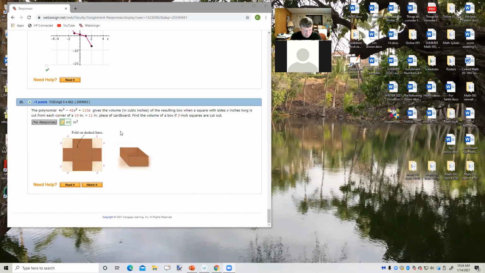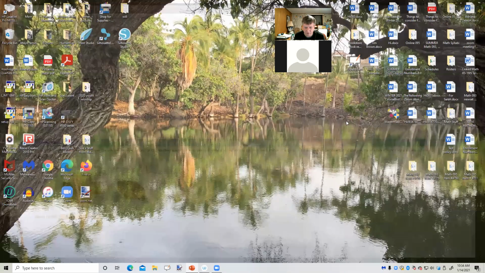So it seems like it might be really complicated, but all they really want us to do is to take that polynomial 4x cubed minus 42x squared plus 110x and evaluate it when x is 3. Okay, so having said that, we'll get rid of this, go back here, take a look at my whiteboard screen.